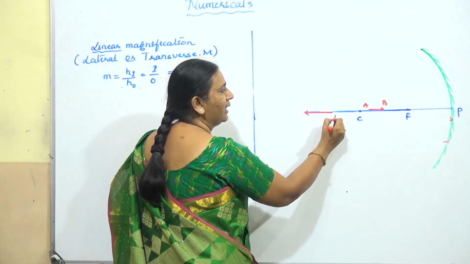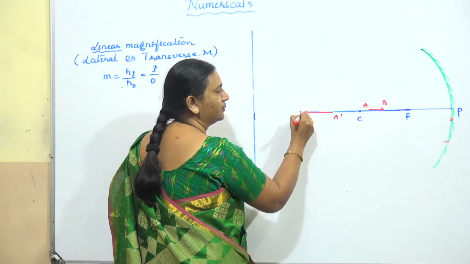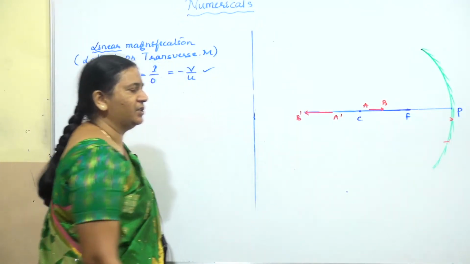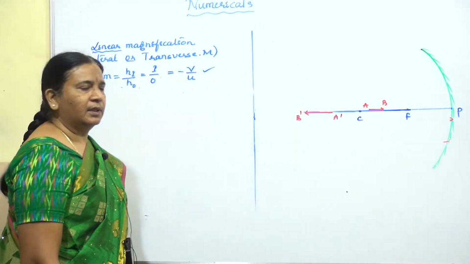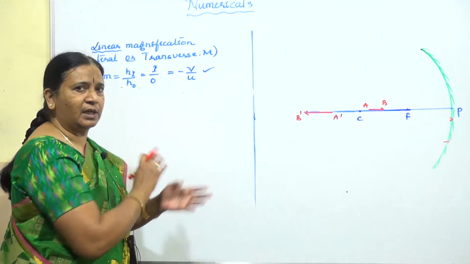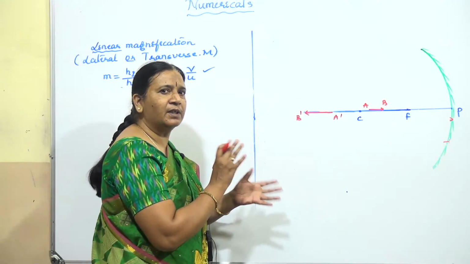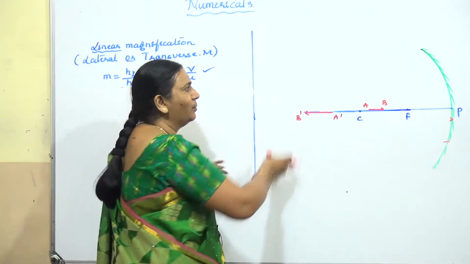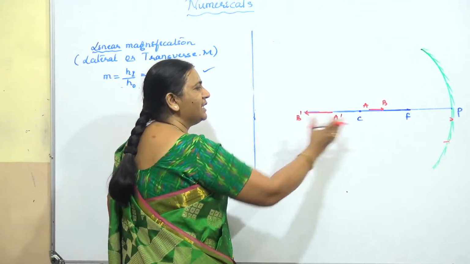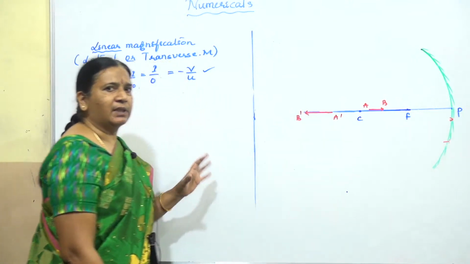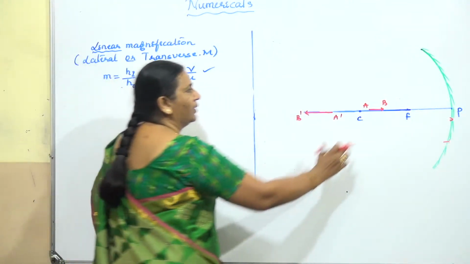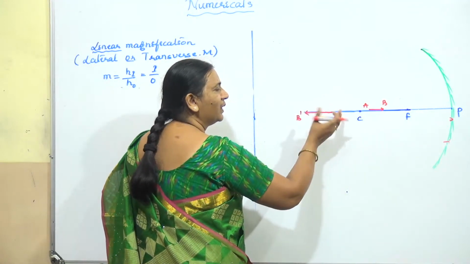Imagine we are getting A dash, B dash, and I am drawing it in the opposite direction because it should be a real image, inverted. It should be inverted, not perpendicularly only, even this way also you are going to see inverted. Laterally it should be inverted.